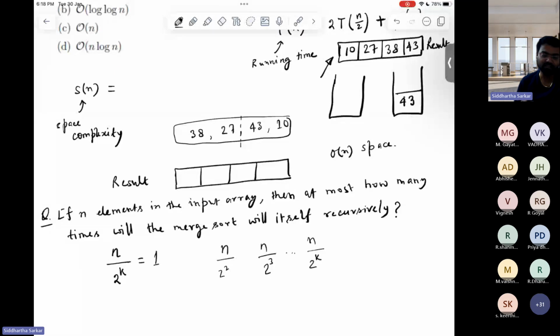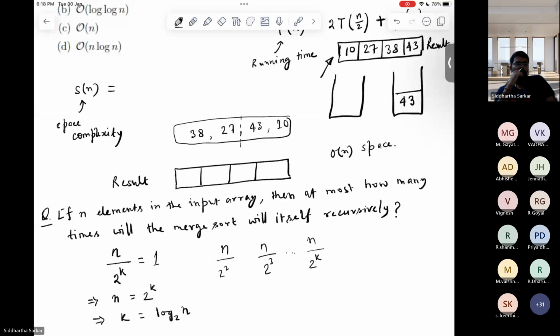That is the problem size. So we can simplify, and this gives us that k is log to the base 2 of n. Fine. So these many recursion levels are there. So now we have to dig deep into what happens in each recursion level in terms of space. Okay.